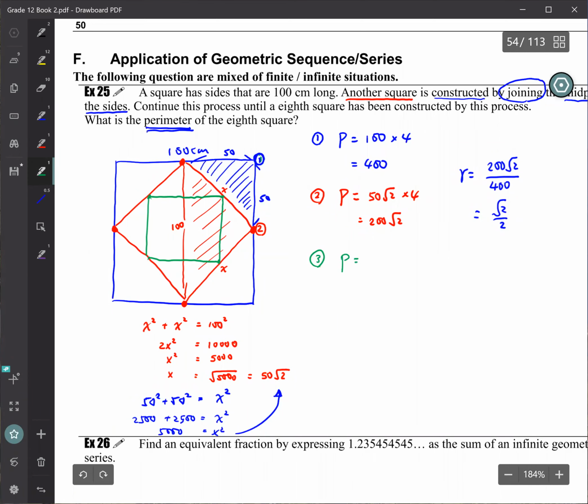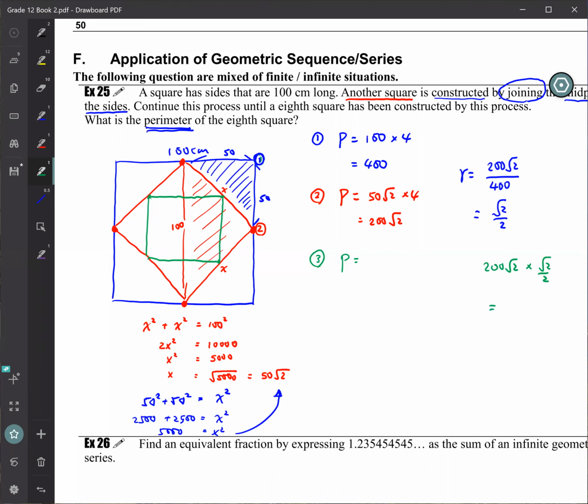You need to take the previous one, the red one, and multiply by root 2 over 2. So you can do that on the side. 200 root 2, that's the perimeter for the second one, times the ratio. Okay, you guys can try that.